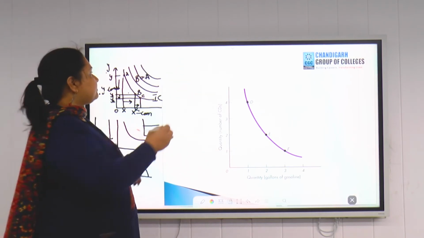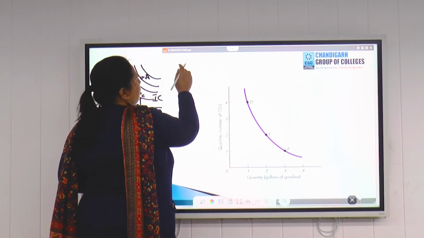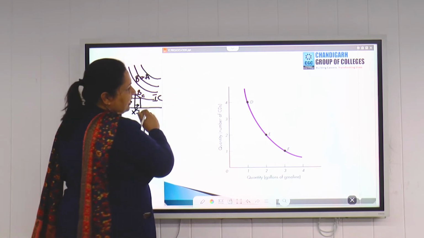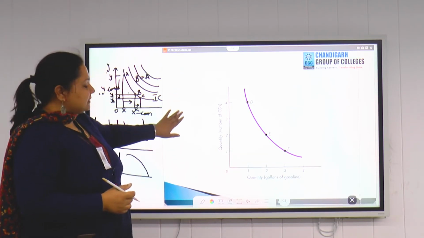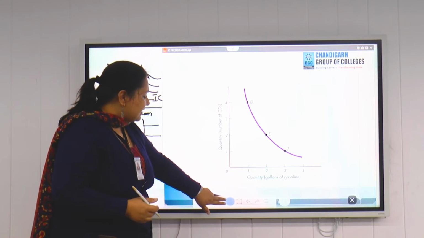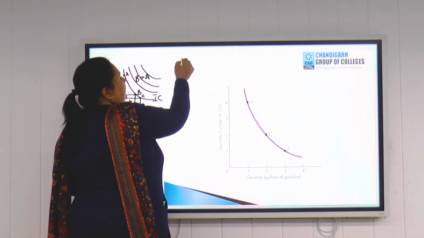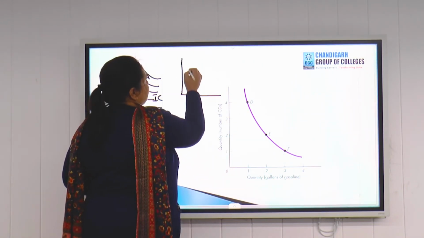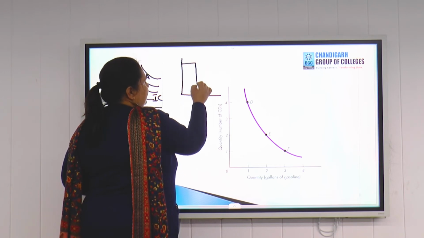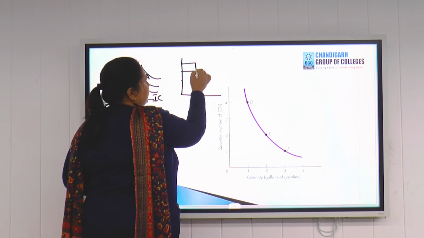We can't sacrifice more because indifference curve is based on diminishing marginal rate of substitution. But here marginal rate of substitution is increasing.